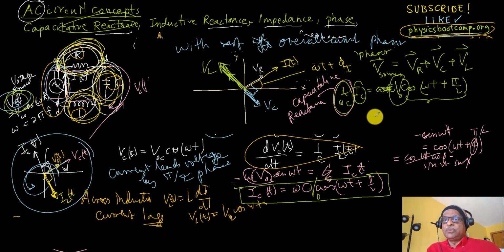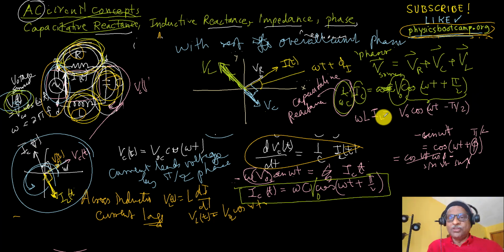Okay, so when we go over here, we're going to find that omega L IL is V0 cosine of omega t minus pi over 2. We're going to find something like that.